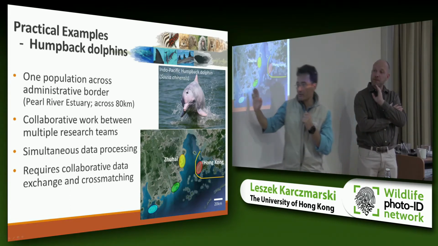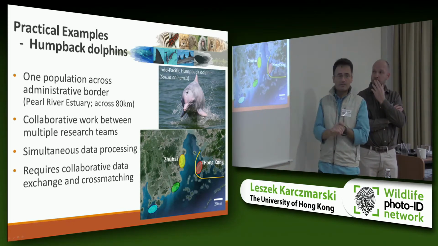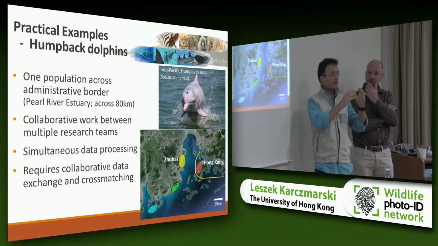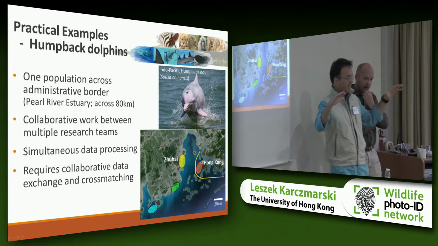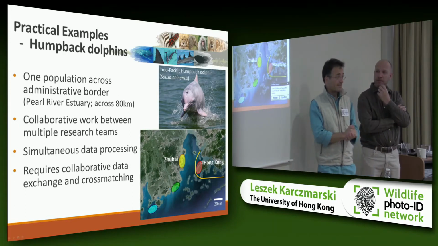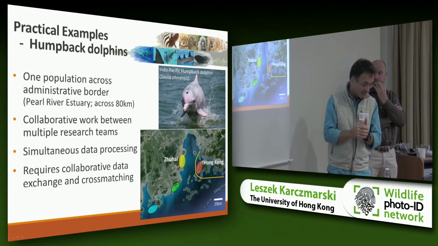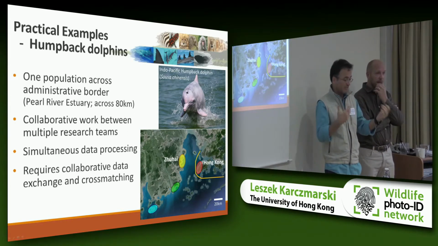It extends further to the west for another about 150 kilometers, so it's pretty substantial, and it's not only across a larger area spatially, it's also across a political border. It's an administrative border, but much more political than administrative, and it comes with implications.